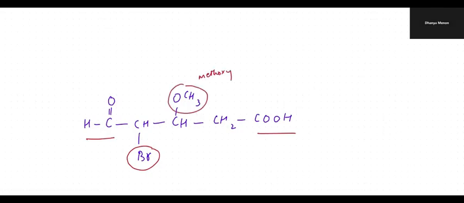So our acid is the primary functional group. So starting the numbering from the acid carbon, 1, 2, 3, 4. We may or may not number the aldehyde carbon. So if it is numbered, we give the name oxo.